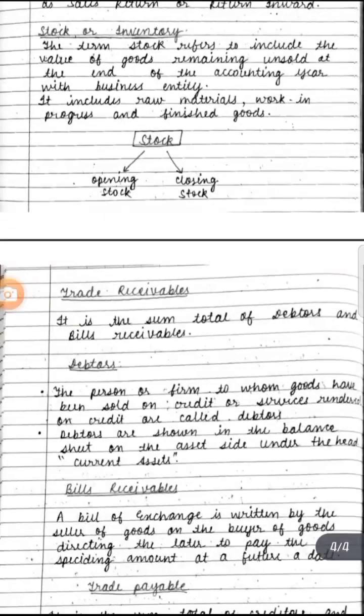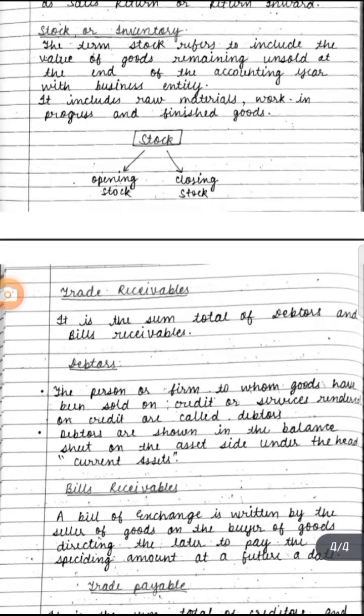Trade receivables. It is the combination of debtors and bills receivable. A debtor is a person to whom goods have been sold on credit basis.